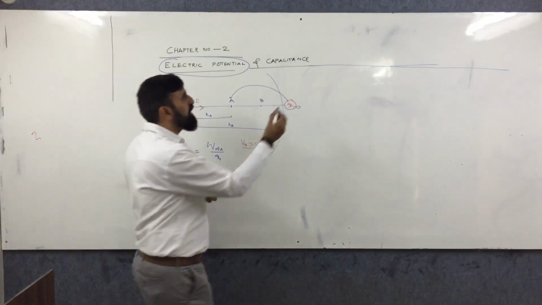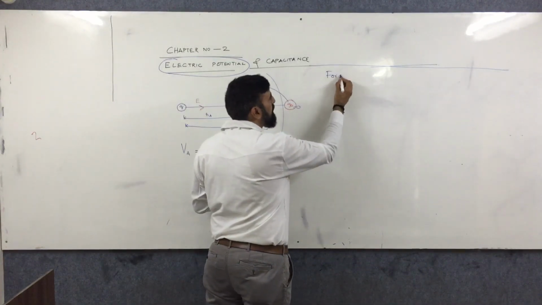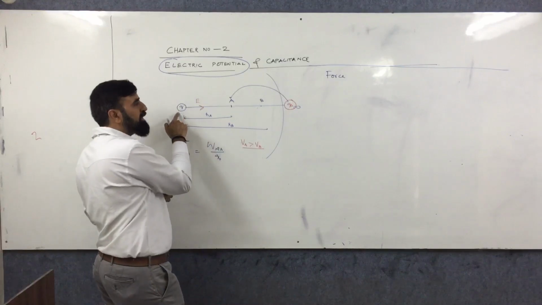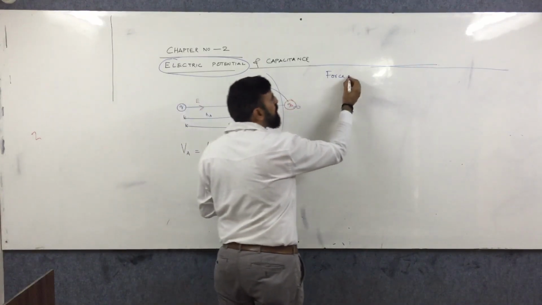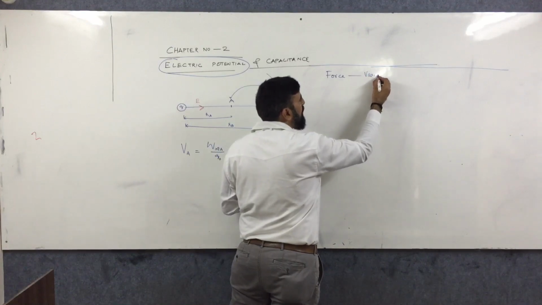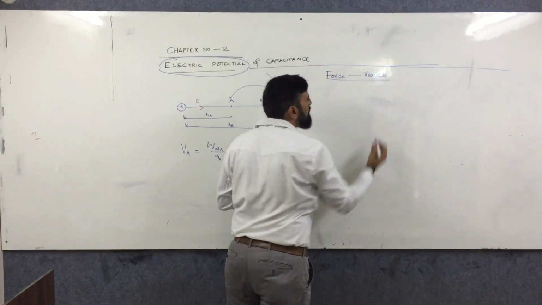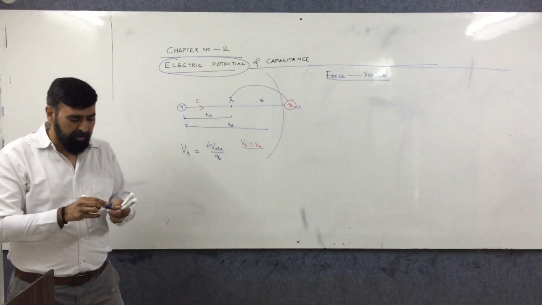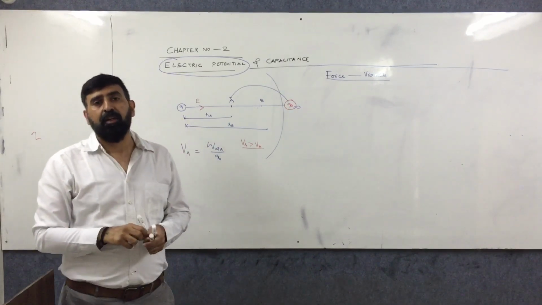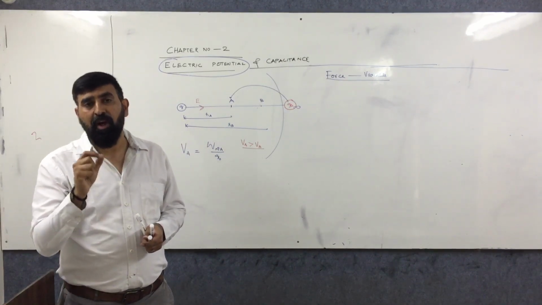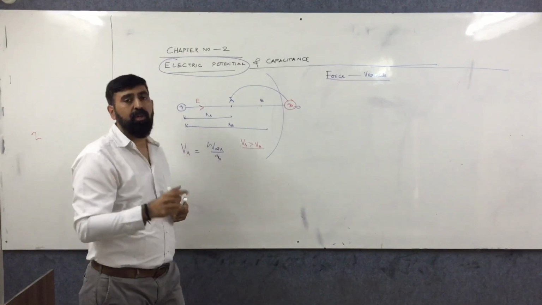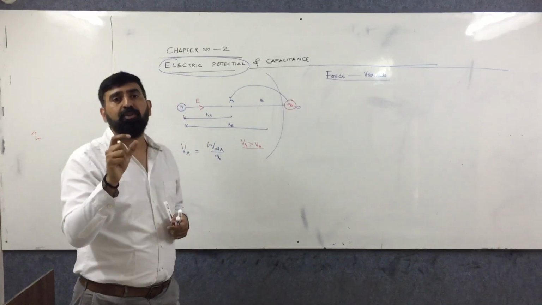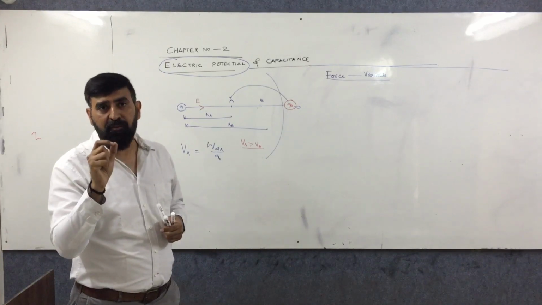So the force is variable. The moment Q0 is brought into the field, this force will be a variable force. When you talk about a variable force and work done, we have already discussed work done under a variable force. When we deduce the expression of work done, we have to consider the force to be a variable force.